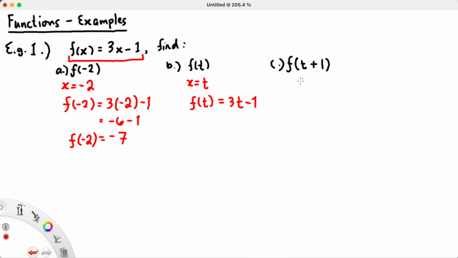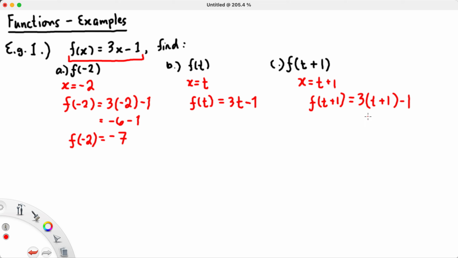The last part, we're going to let x be a binomial. So we have x equal to t plus 1. Hence, for f of t plus 1, we substitute it for all the values of x on the right-hand side. We have 3x minus 1, so we have 3 times the quantity t plus 1, minus 1.